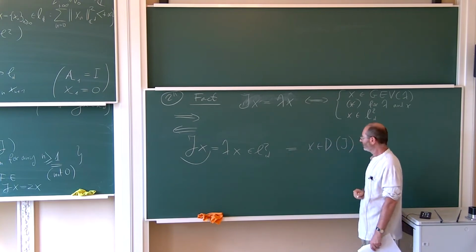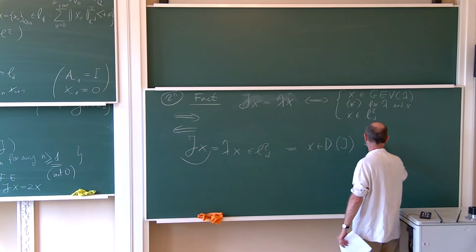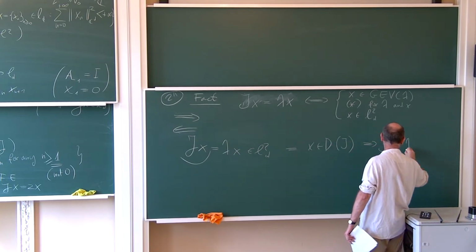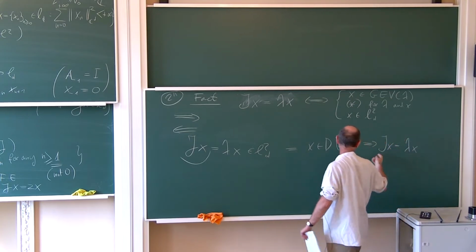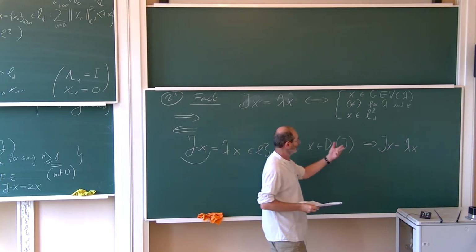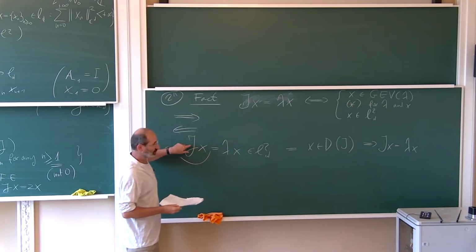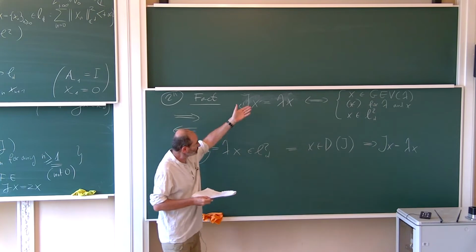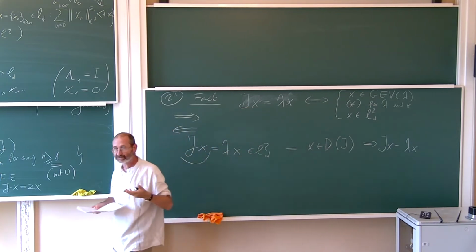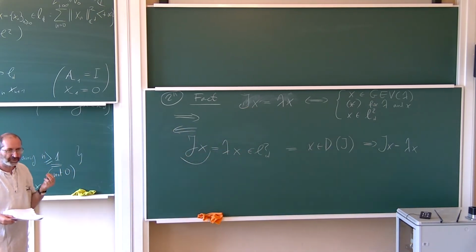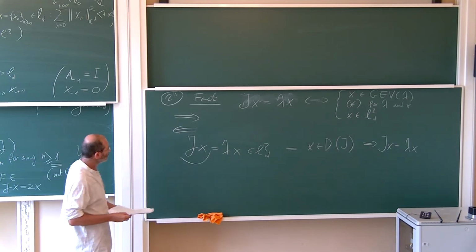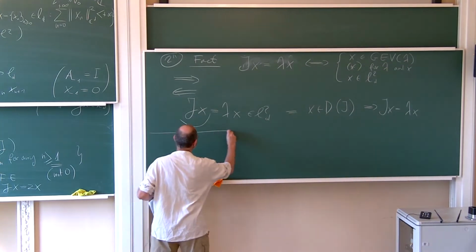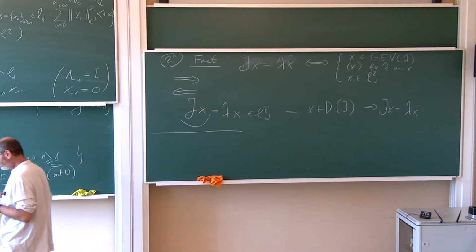So this is true also, because this is just the restriction of this to the domain. It's obvious in some sense, but this is the place where it's important that we consider the maximal operator. Not only here, but in some other places it's important. Okay.